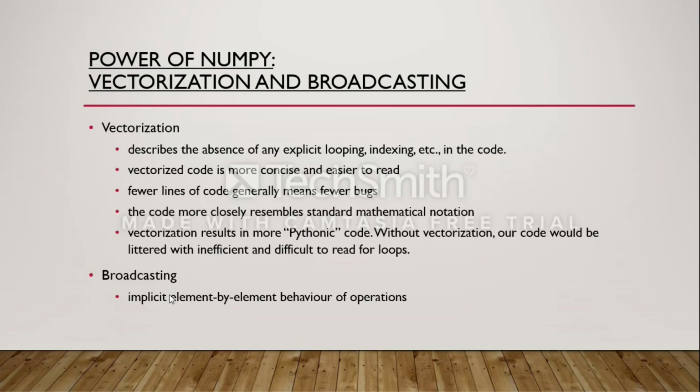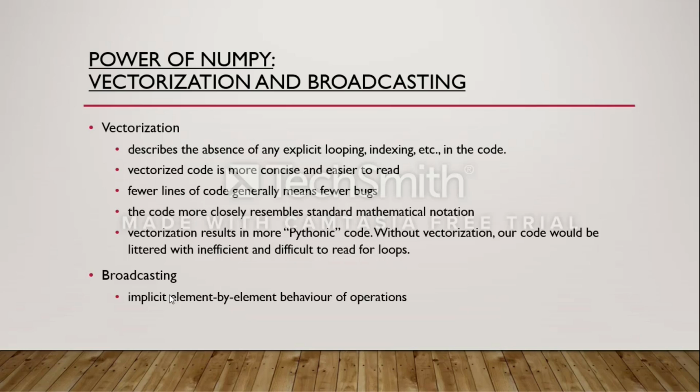Of course, earlier you would have written matrix addition with lists, and in other languages with simple arrays in C, C++. So it was a lot of code you had to read and write. But here it's very simple, only A3 equal to A1 plus A2. Fewer lines of code generally means fewer bugs, of course, as it is a very simple line of code, so it is almost bug free.